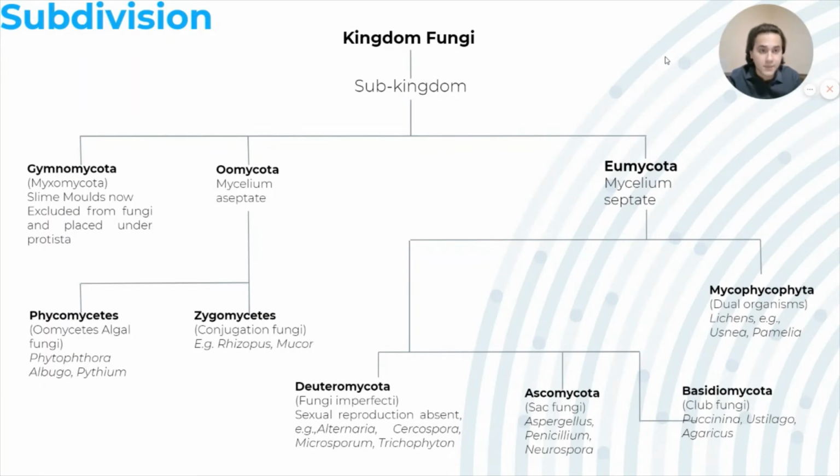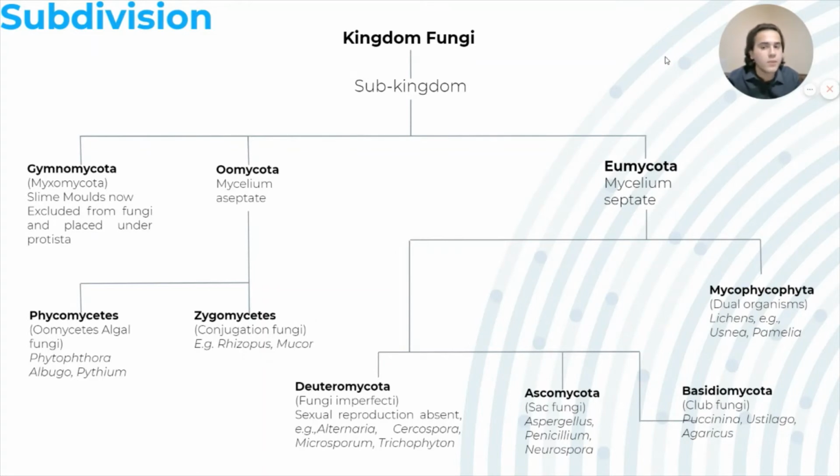Another subdivision of Eumycota is the Ascomycota, the sac fungi. Examples are Aspergillus, Penicillium, or Neurospora. And the last subdivision is the Basidiomycota, the club fungi, with Puccinia, Ustilago, or Agaricus as examples. If we pass to the Umycota subdivision, with aseptate mycelium, different from the septate, we have the Zygomycetes and the Phycomycetes.